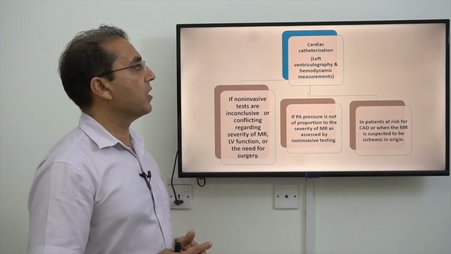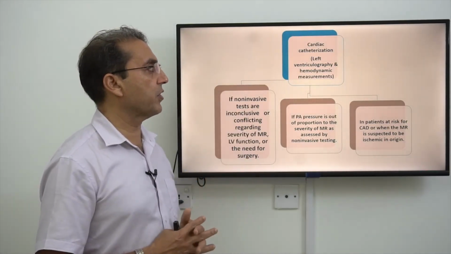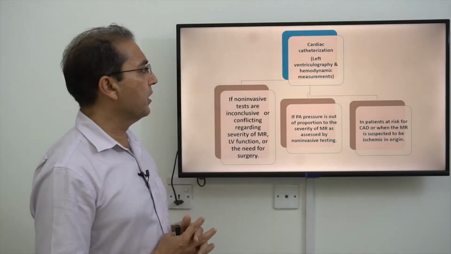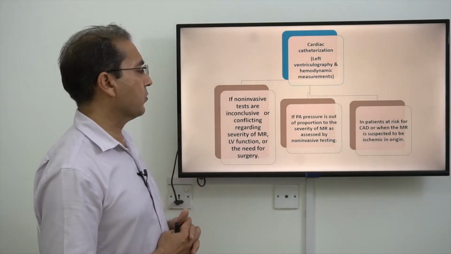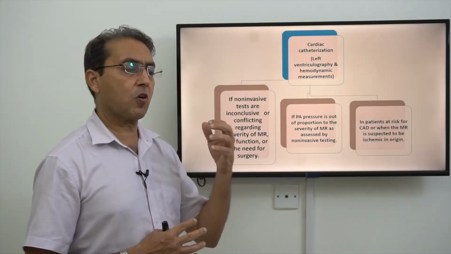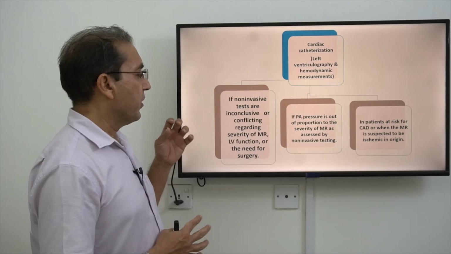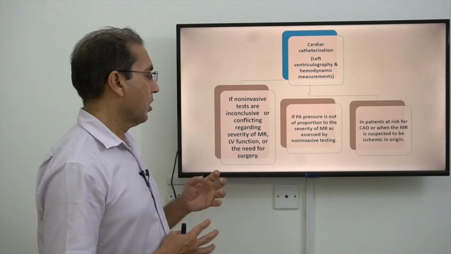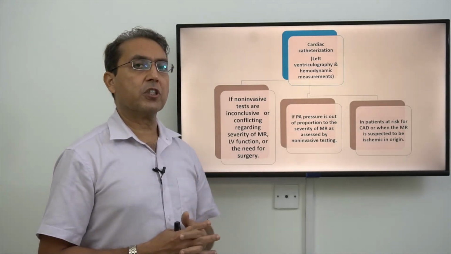And then when do we do cardiac catheterization, that is, left ventriculography and hemodynamic measurements? This is usually done only in a few cases. For example, if non-invasive tests are inconclusive or conflicting, that is, we cannot determine the severity of MR, the LV dysfunction, or whether there is a need for surgery or not.